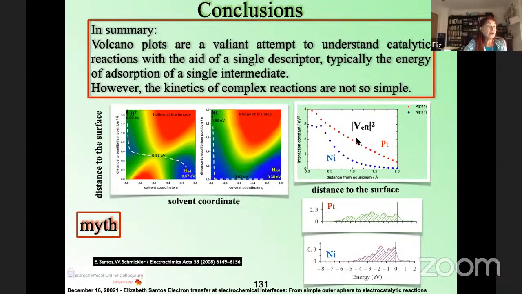Nickel is smaller, and that produces that the interaction between the electronic states of the metal and the reactant, in the case of platinum, is much larger, also at larger distances than nickel. That is the reason why platinum is a better catalyst than nickel.